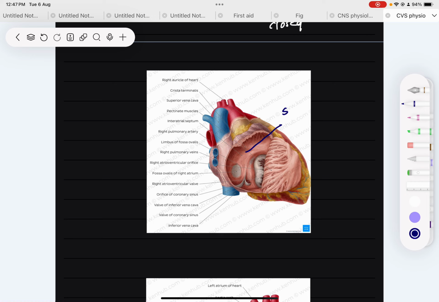So this is smooth part of right atrium. From here SVC is going to come, from here IVC is going to come, and IVC is going to have this eustachian valve. So valve of inferior vena cava, this one is eustachian valve.